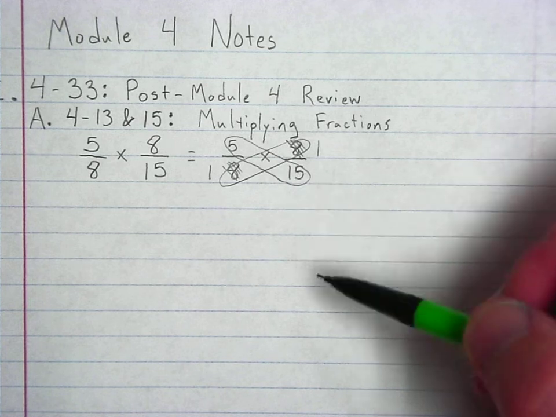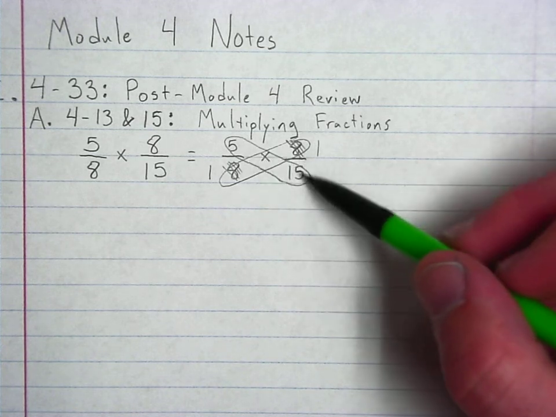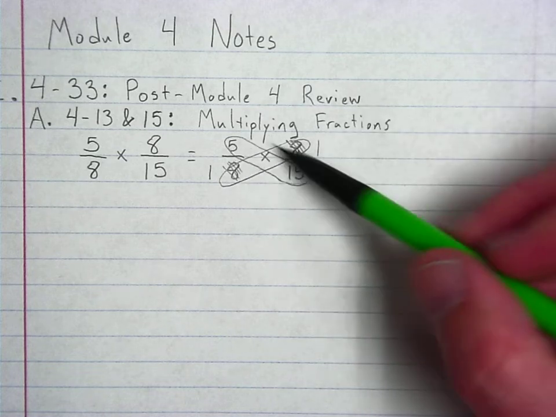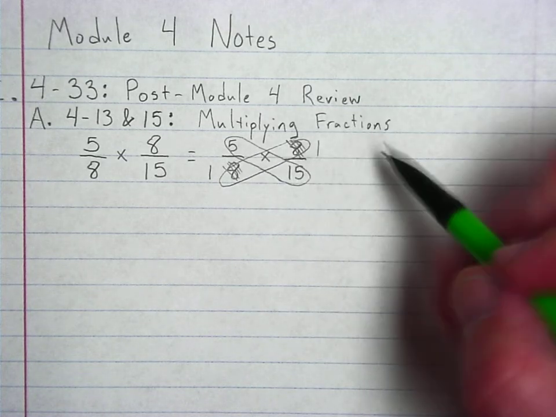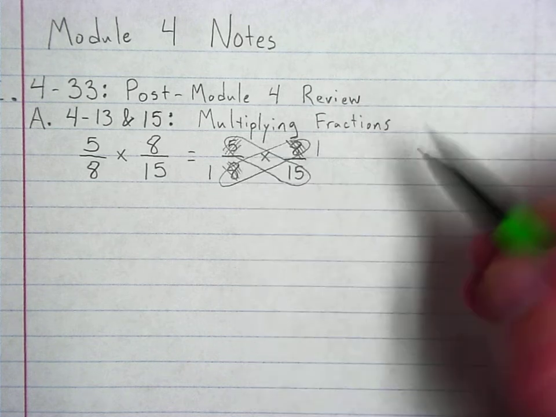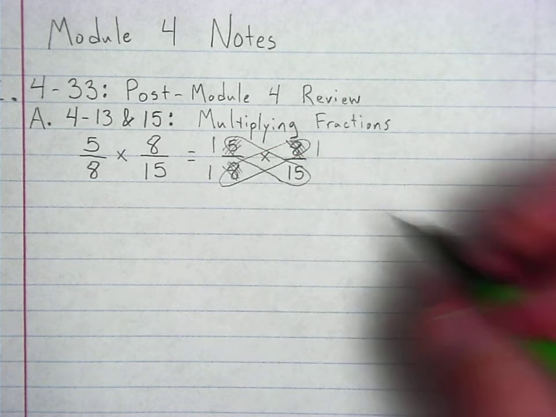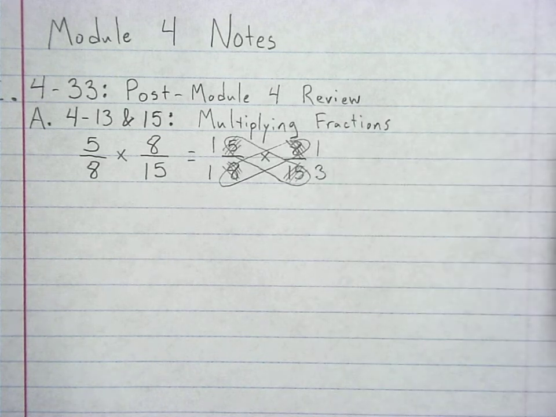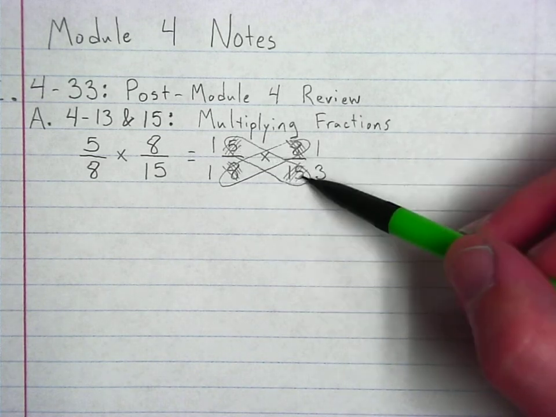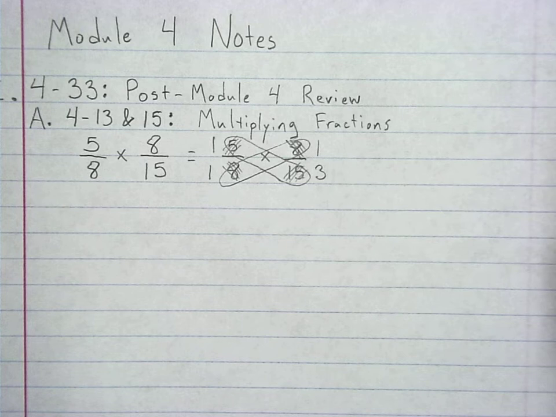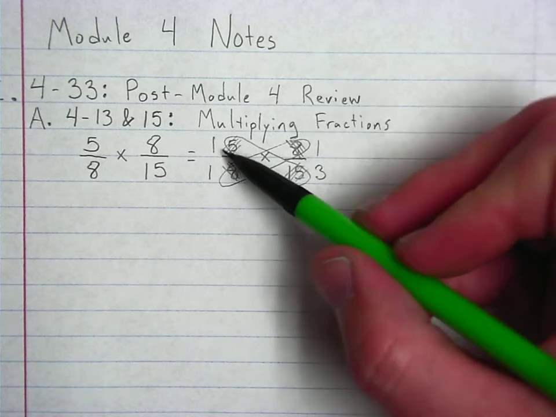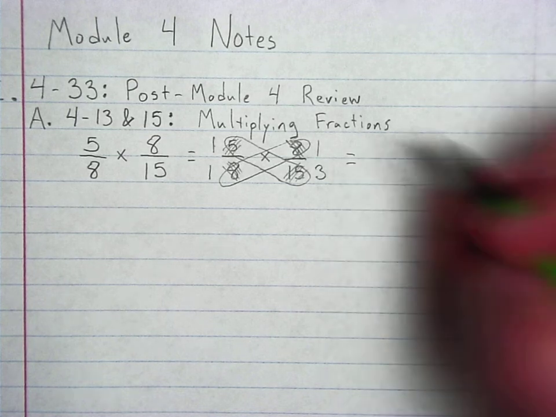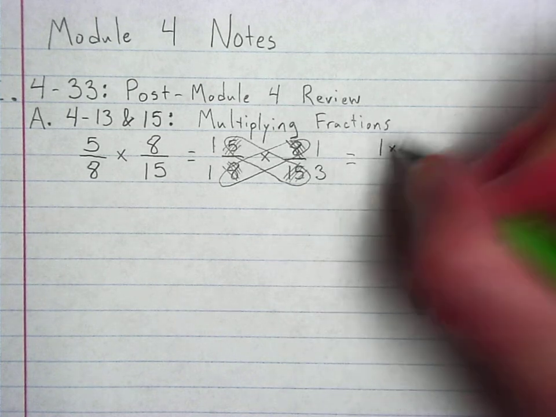I know that 2 won't go into them. 3 will go into this one, but it won't go there. 5, however, will go into both. Divide this by 5, you get 1. Divide this by 5, you get 3. Again, pretend 5/15. How would you simplify that? 1/3.